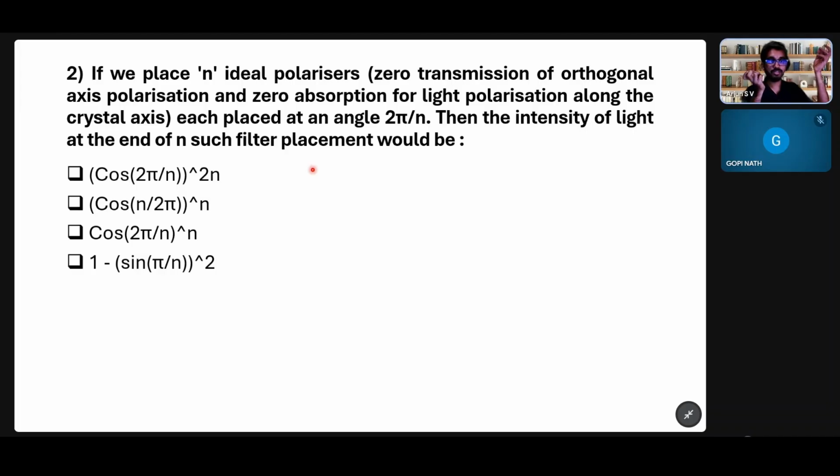So the same concept you apply here. You will have cos alpha, where alpha is 2 pi by n, the whole power 2n. The answer will be option A, cos of 2 pi by n, the whole power 2n.